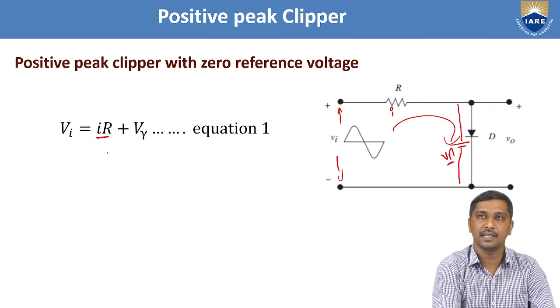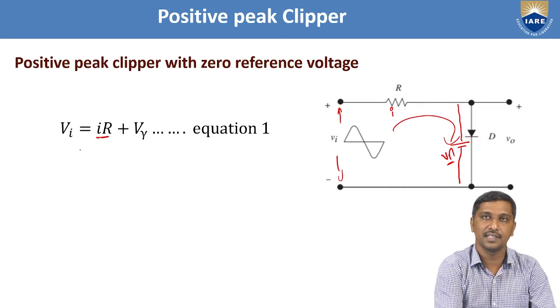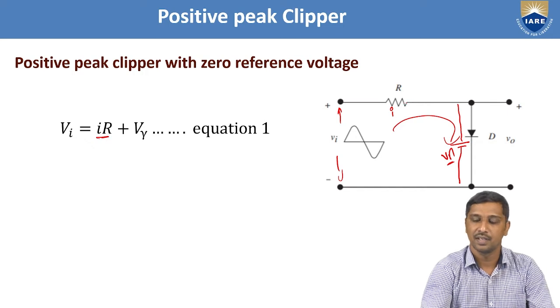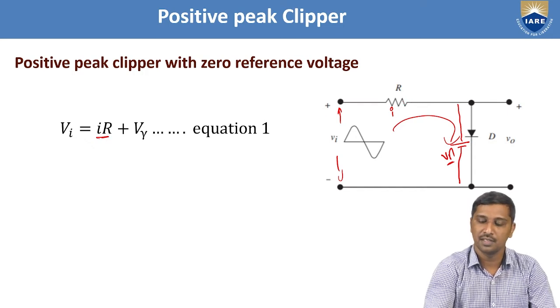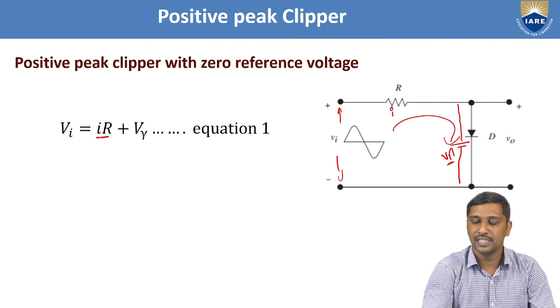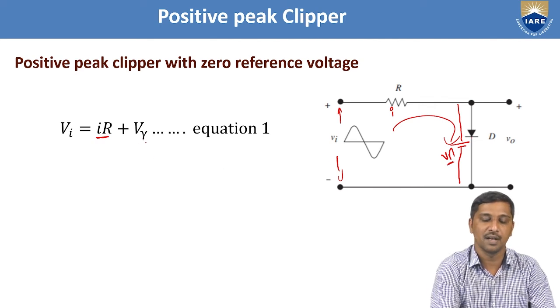From this loop, the equation is: the input voltage is equal to the voltage drop across the resistance plus the voltage drop across the diode. What is the voltage drop across this resistance? V is equal to I into R. Hence the voltage drop across this resistance is I into R, and similarly the voltage drop across this diode is V gamma.